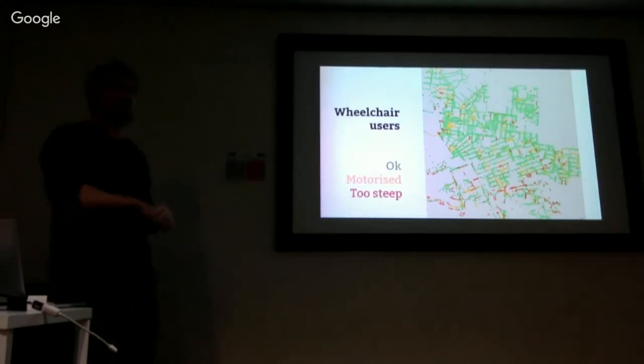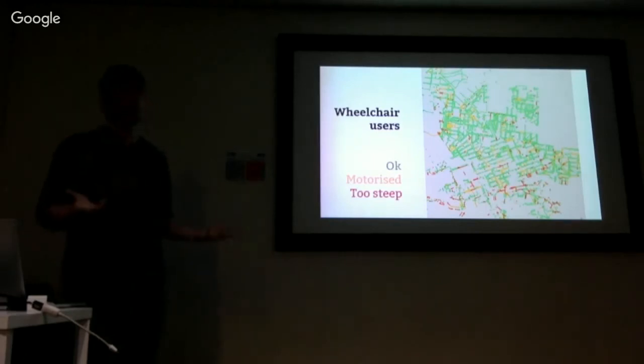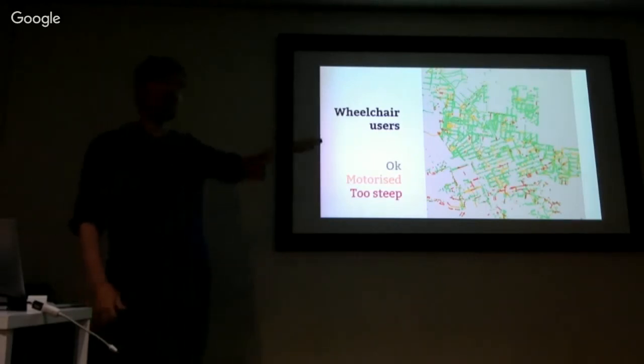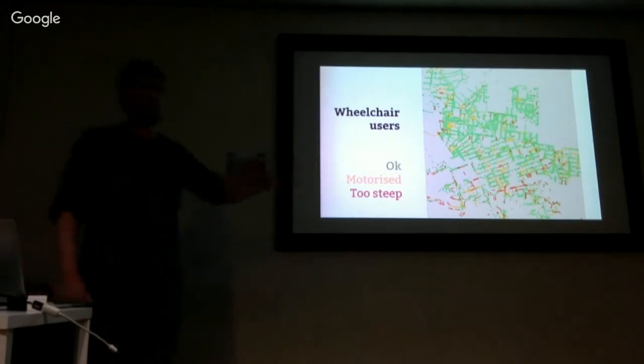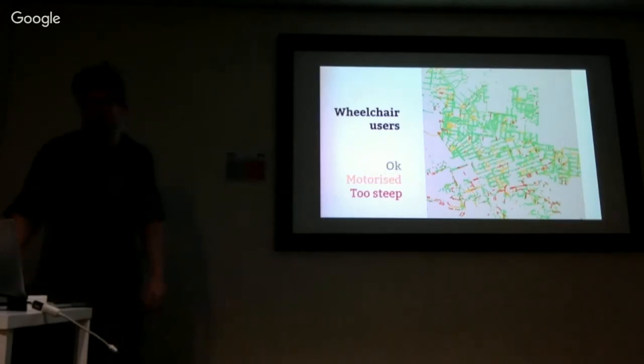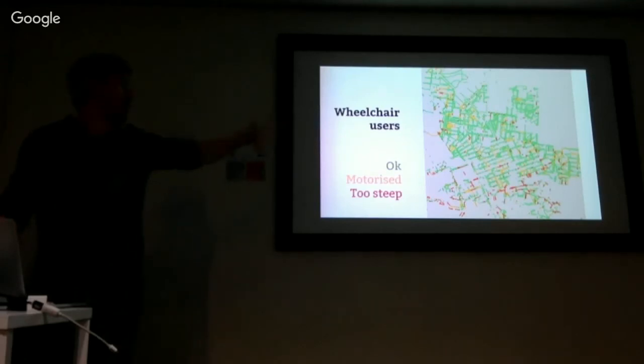So by throwing away all those fine details, it actually makes the map more useful, because you can just instantly see all of green is fine, yellow is only okay for motorized wheelchairs, and red is just too much. So by combining precise data with regulations, you end up with a more useful data set. And this was made as an overlay for a different map.